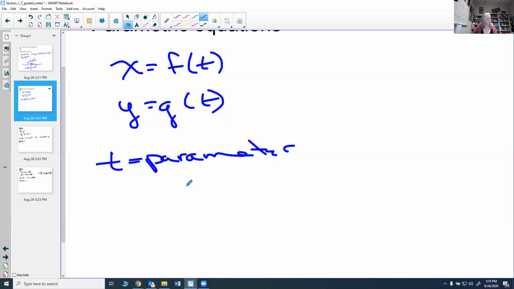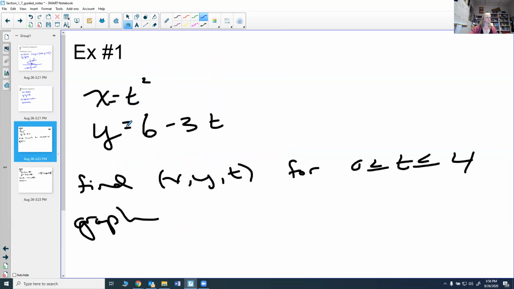The t will determine your x and y, and then your curve is your parametric curve. A lot of times t is restricted between some values, so a is less than or equal to t is less than or equal to b. You restrict yourself down.